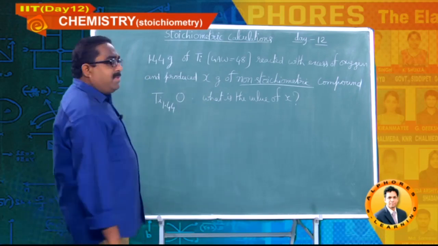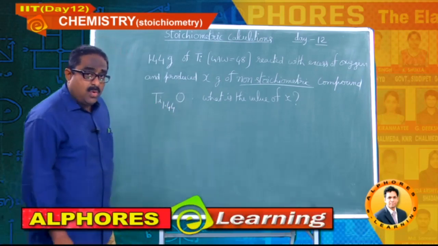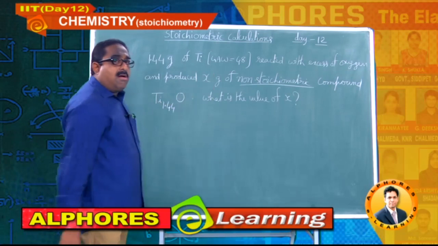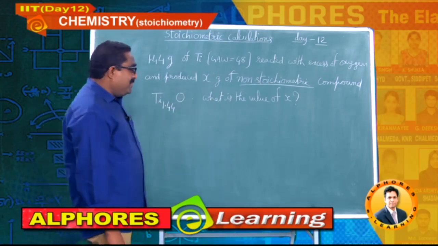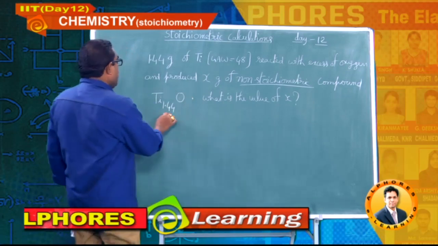That is called stoichiometric compound. If that ratio is not followed, a simple whole number ratio, then you can simply call that a non-stoichiometric compound.